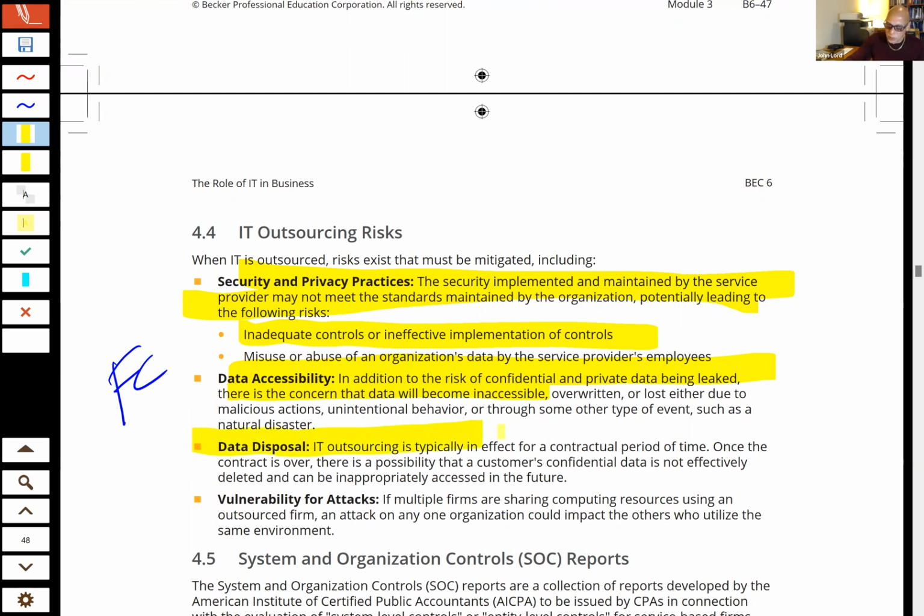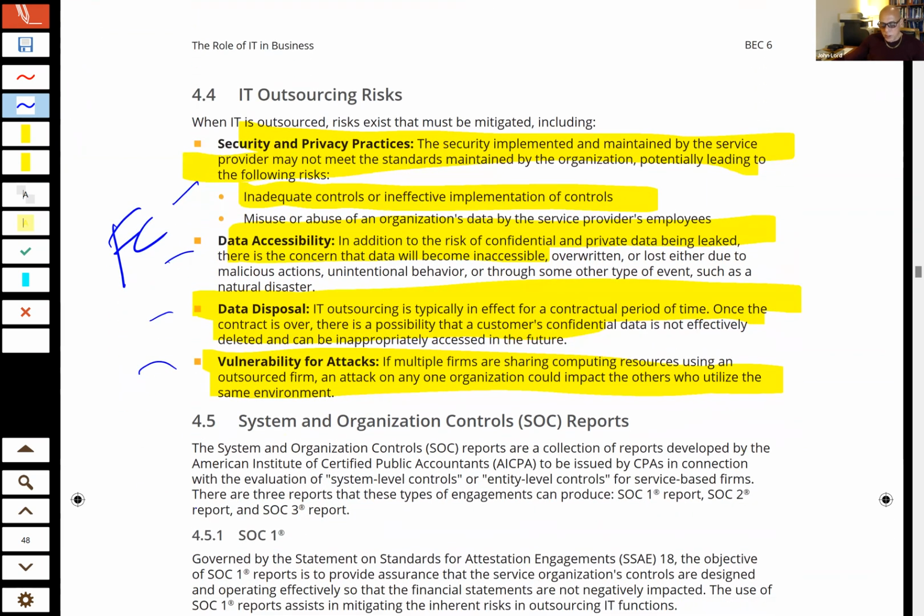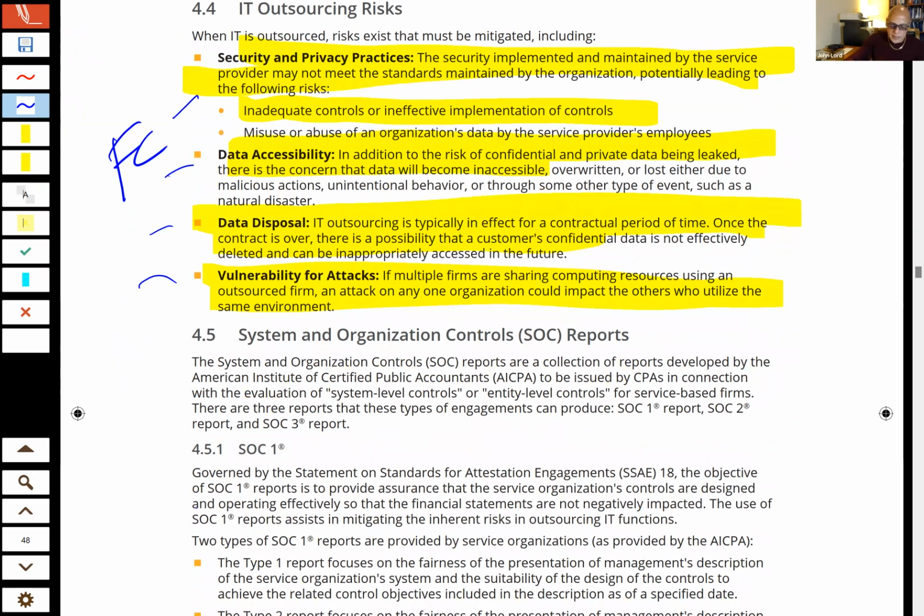Data disposal. You want to make sure that the data is properly disposed, and that is not something that you can control very much if you outsource. And then vulnerability for attacks. Again, there have been cases where they attack not so much a company, but an outsourcing company, and then they end up getting data for various organizations, individuals, and whatnot. Now, there are ways to protect yourself against these things.